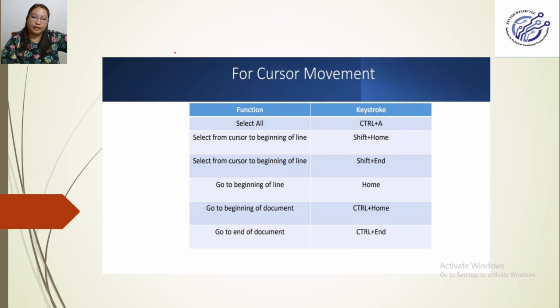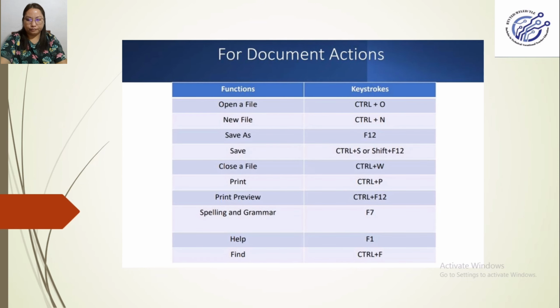Yung parang arrow na makikita po natin na nag-move dyan sa ating screen. Yan po yung ating cursor. So, meron tayong iba't iba din na movement dyan. Titingnan po natin kung paano mafa-function yung ating cursor with the keyboard shortcut.